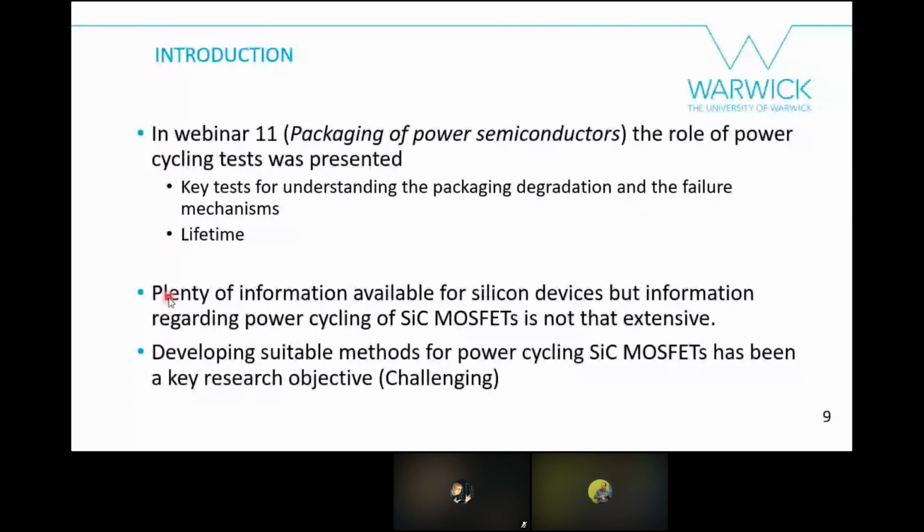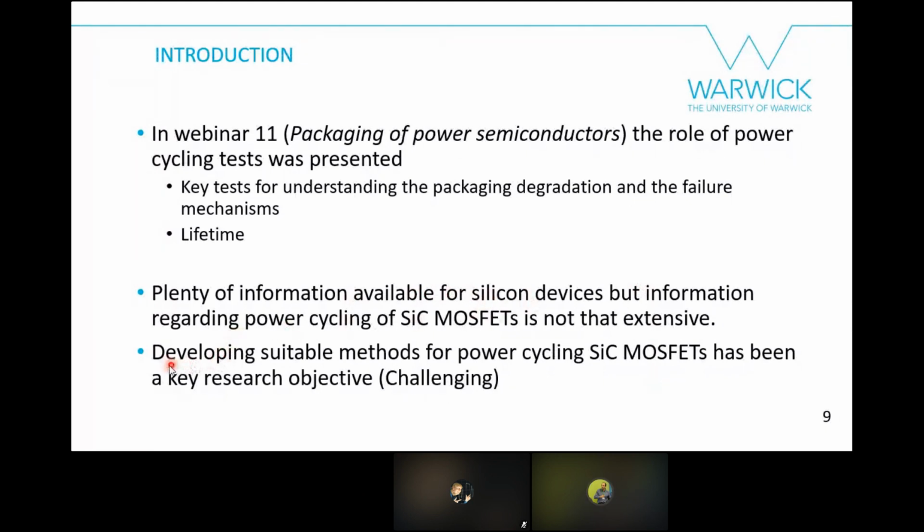But there are some issues there. You have plenty of information available for silicon devices, but the information regarding power cycling of silicon carbide MOSFETs is not that extensive. There is limited information. It's improving. Now you have way more power cycling results of silicon carbide MOSFETs, but it's not as extensive as the amount of information you have for silicon devices.